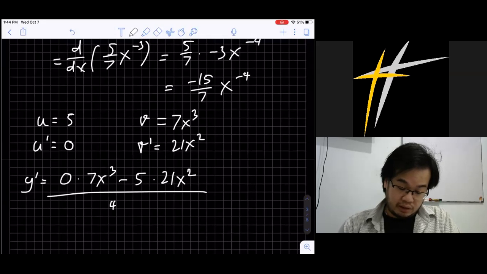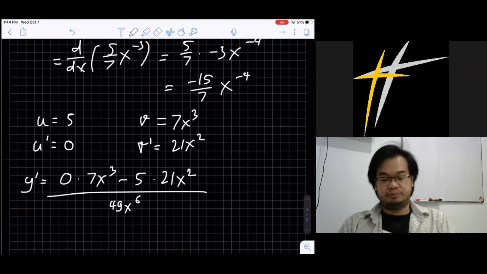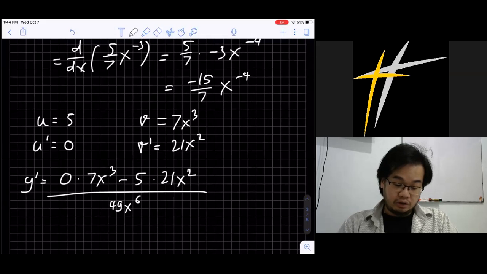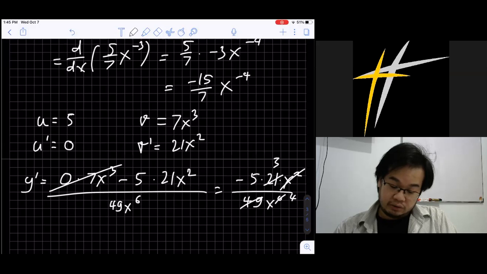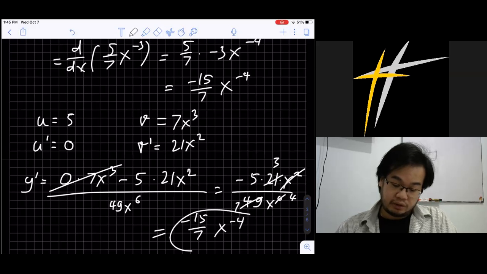So it's 49x to the power of 6. Okay, so this will be 0. So it will be equal to negative 5 times 21 times x squared over 49x to the power of 6. So this will cancel, 4, cancel, 3, 7. So we will get negative 15/7 x to the power of negative 4. The same.